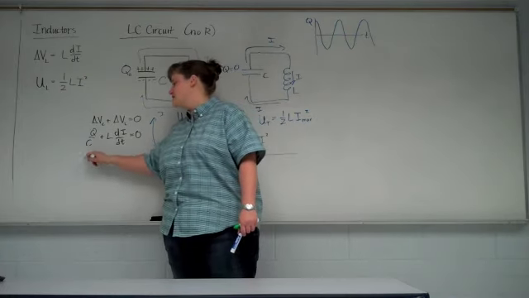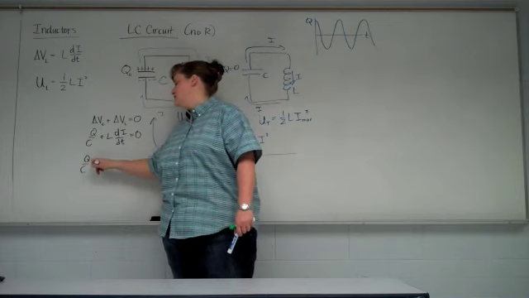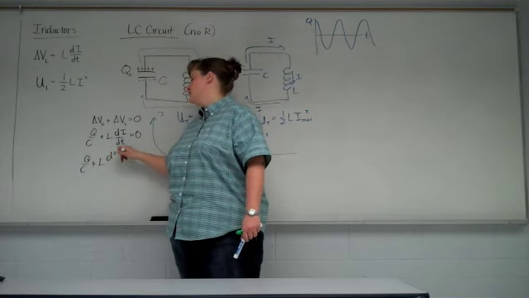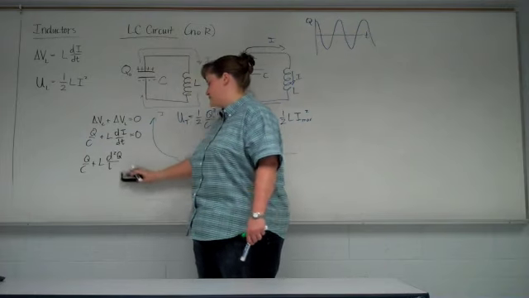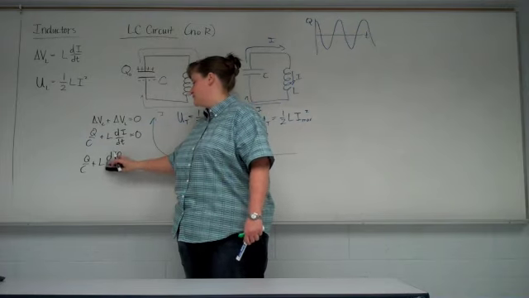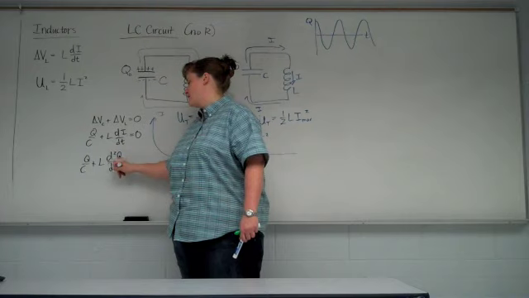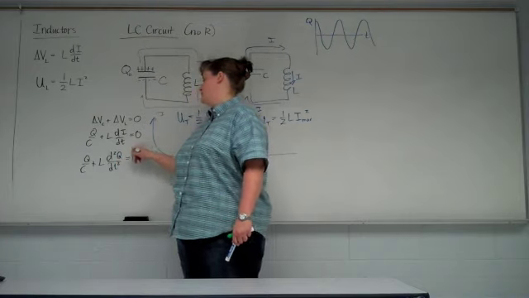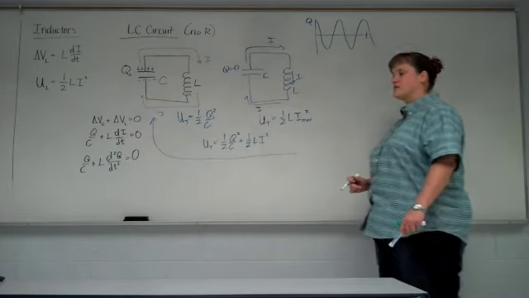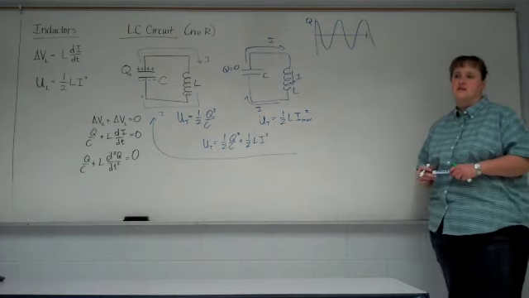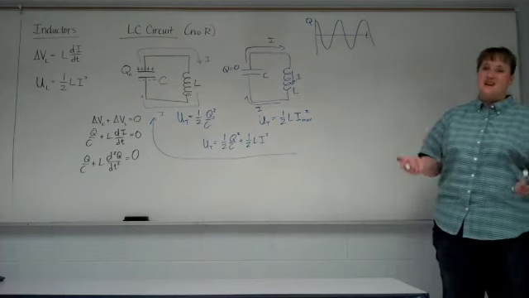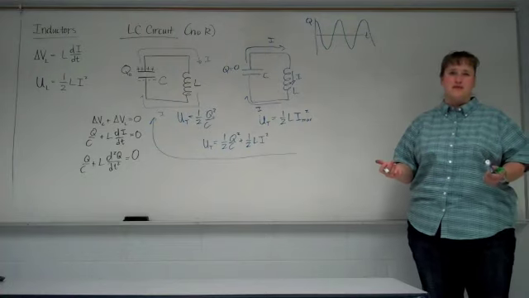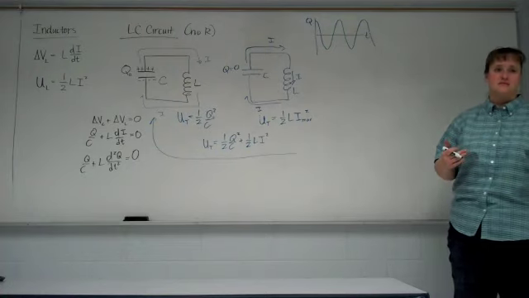So we can write this as a second order differential equation. We need a function for Q such that when we take the second derivative of it, we have the same function back but with a negative sign.